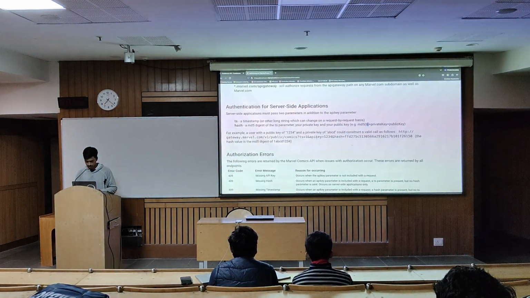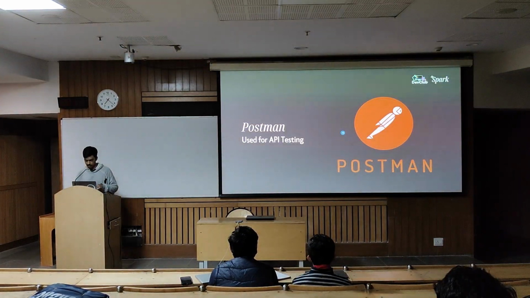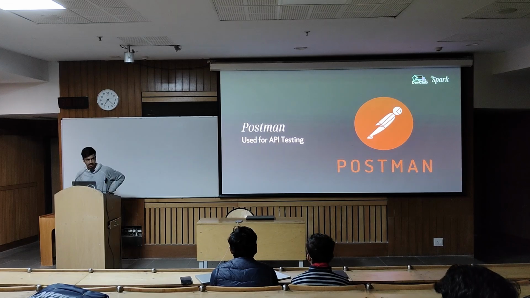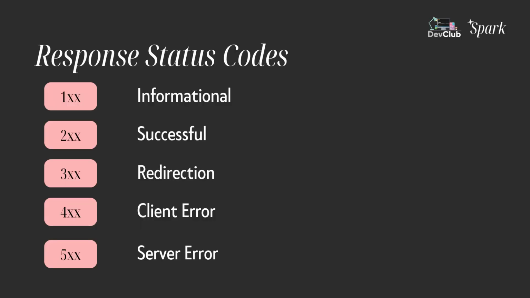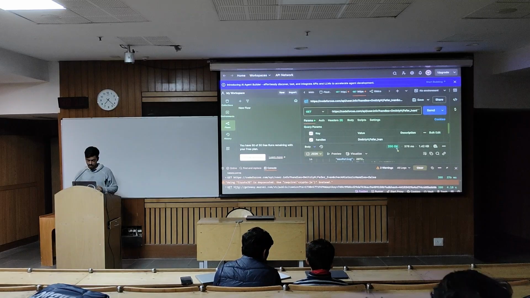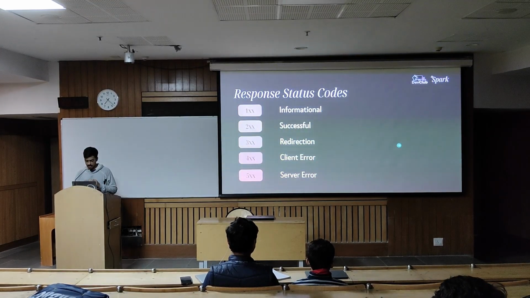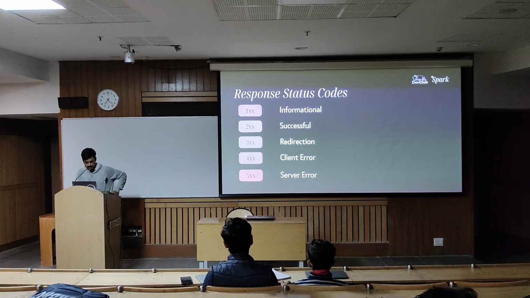So that was Postman, and it makes it very convenient to test our APIs. Whenever we send a request through Postman, we get the response with the status code over here. The status code indicates the status of the response.